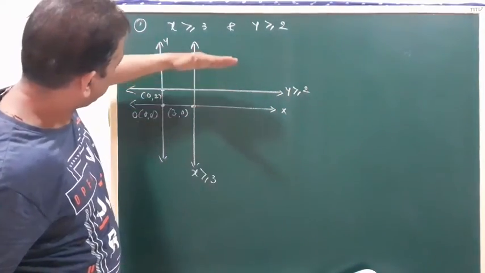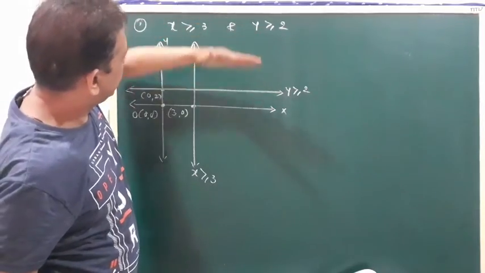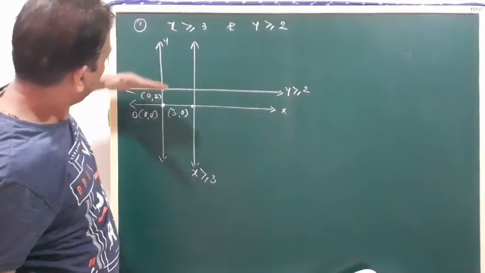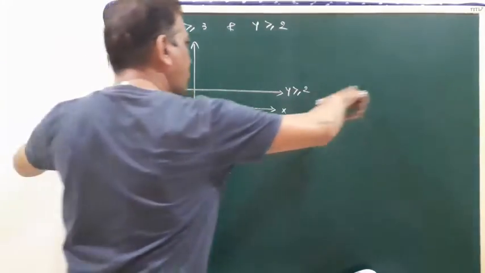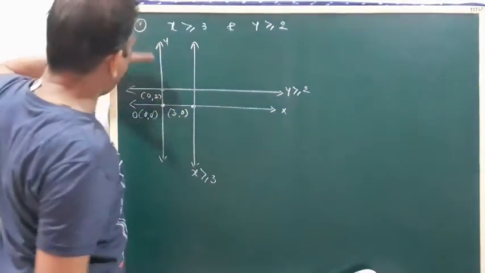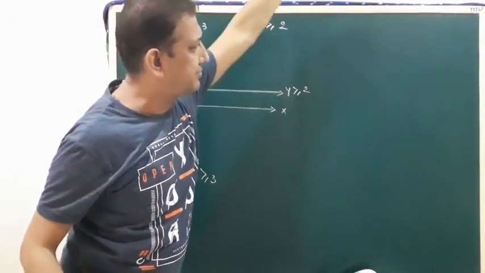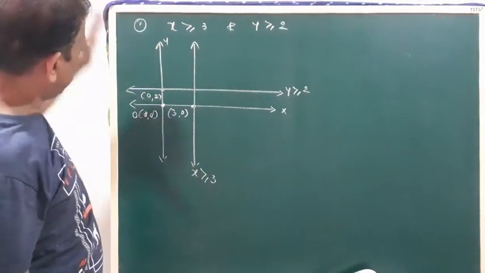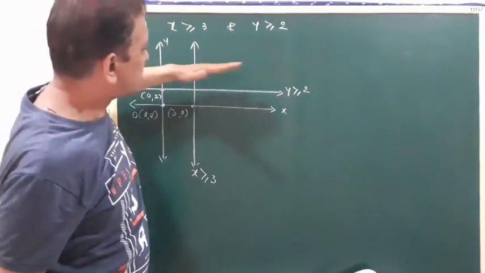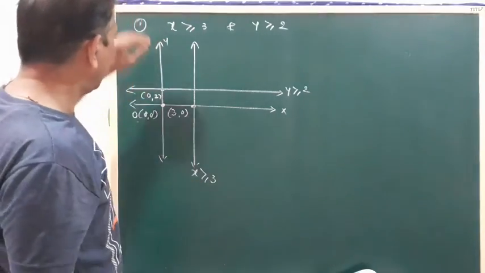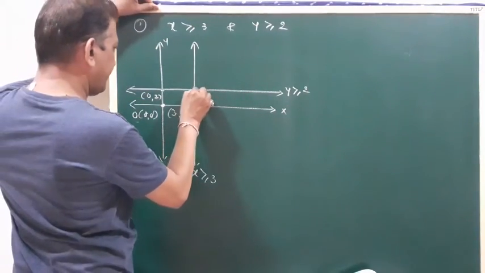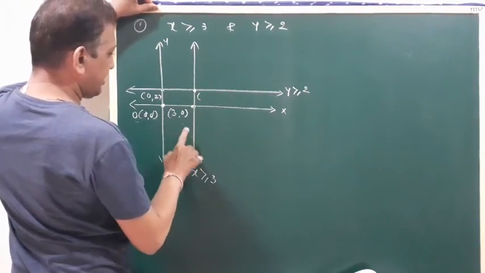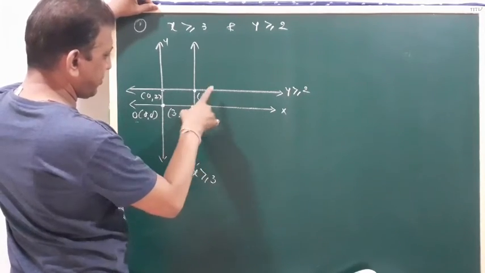That means more than 2, the upper part of this line. You can extend both sides. All the points are in the upper part of this line, second quadrant also, first quadrant also. And here the intersection point has x coordinate 3, y coordinate 2.